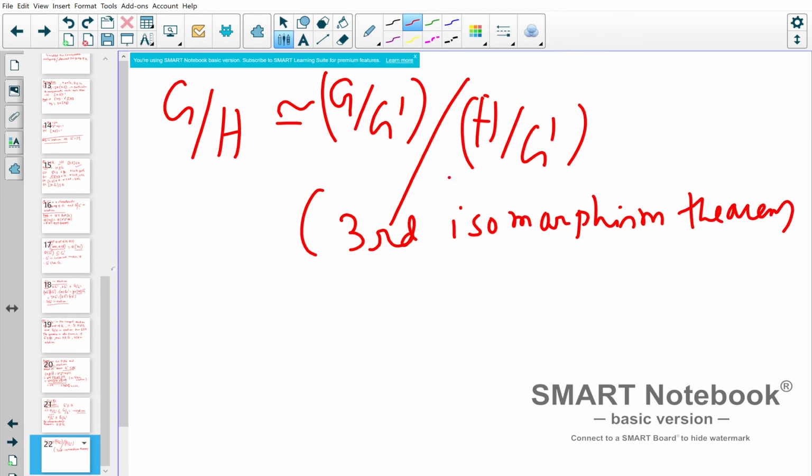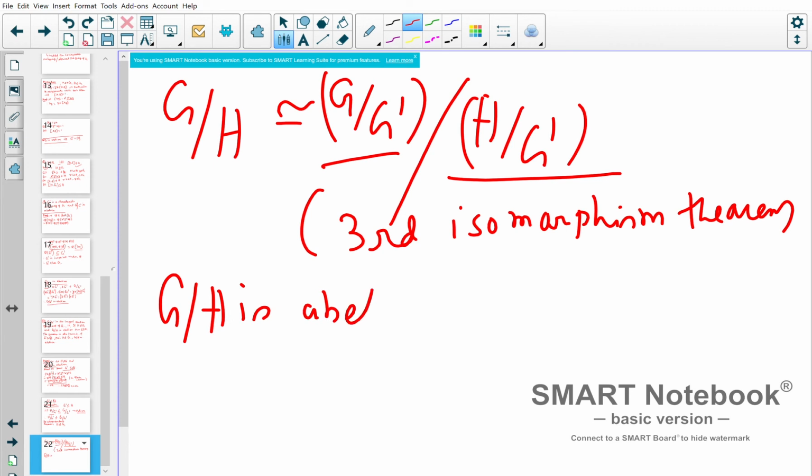And you already know this is now a quotient of abelian groups, a subgroup quotiented out by that thing. Then what will we have? The quotient of an abelian group is what? It's always abelian, right? So G mod H is abelian. Clear?